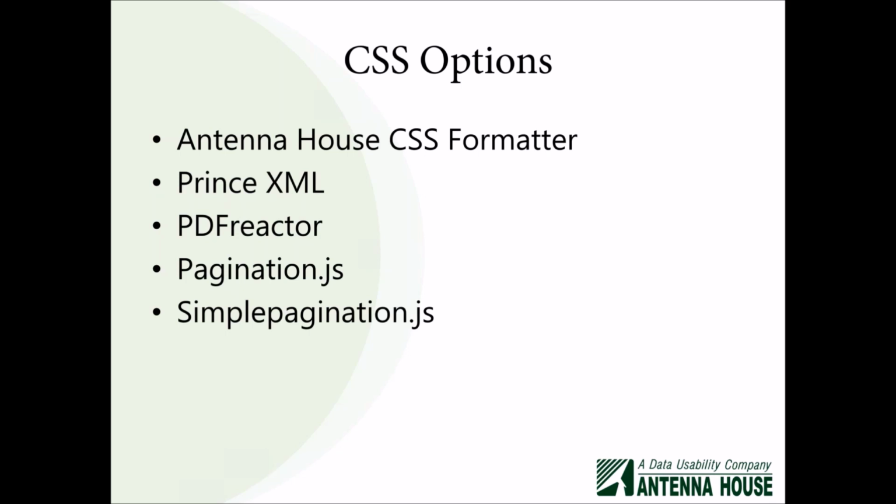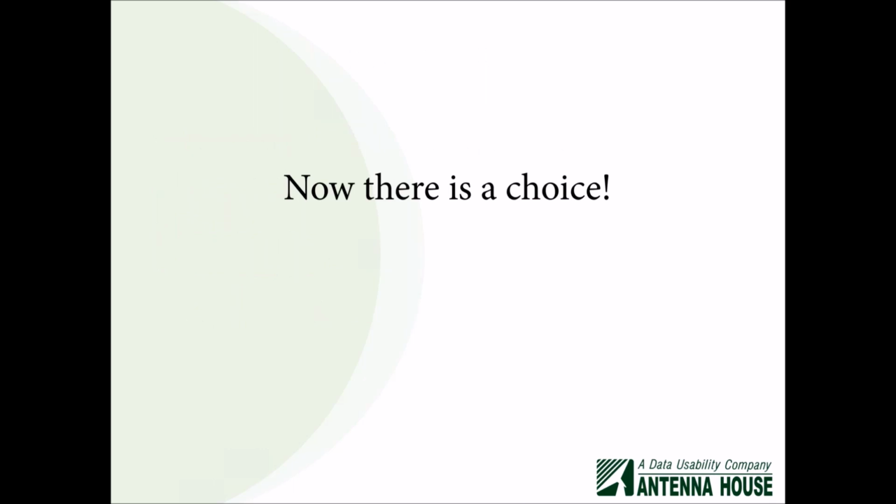And then there's other CSS tools out there. These are just a few. But with both XSL FO and CSS, you can take your content and go out to formatted pages. So there is a choice now, and that is CSS or XSL FO.